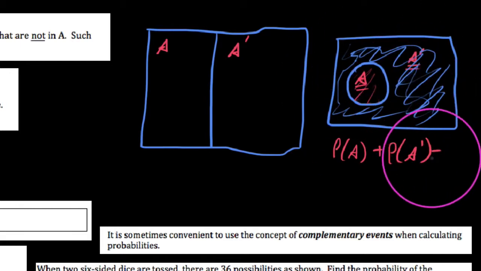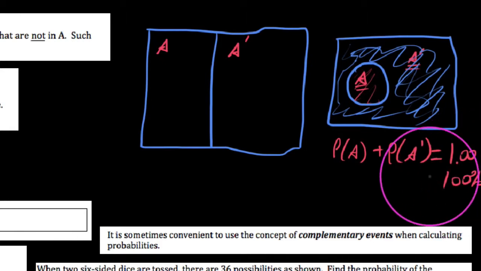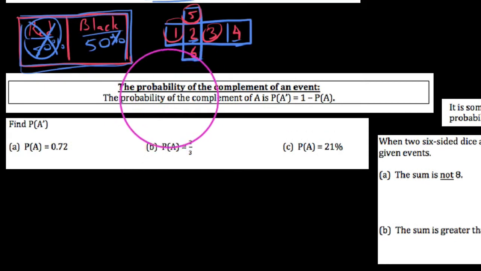So you get 1, essentially. You get 100% of your stuff. This is such a unique fact that we can set up the following relationship: the probability of the complement of an event A, the probability of A prime, is defined as 1 minus the probability of A.